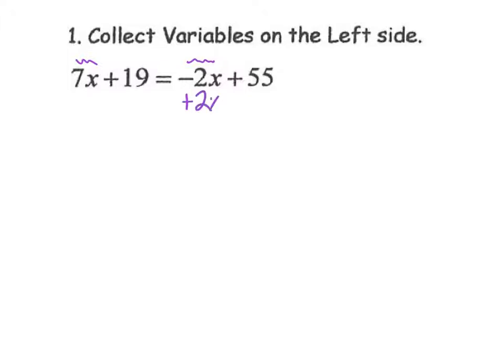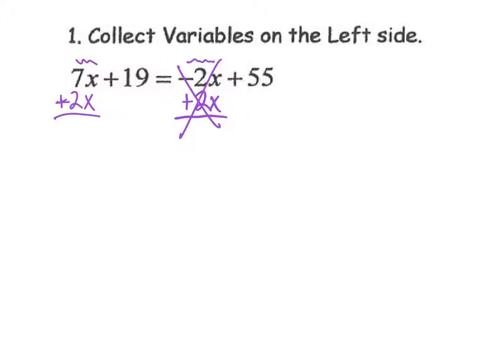I'm going to put plus 2x underneath negative 2x because then they cancel out to make 0. I can only add 2x to like terms. 7x and 2x are like terms. I would not put the 2x with the 19. I can't put an x with just a 19.